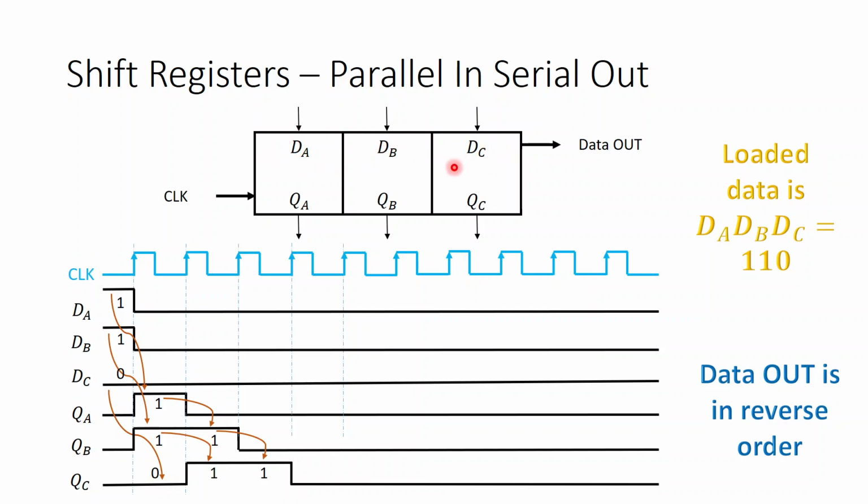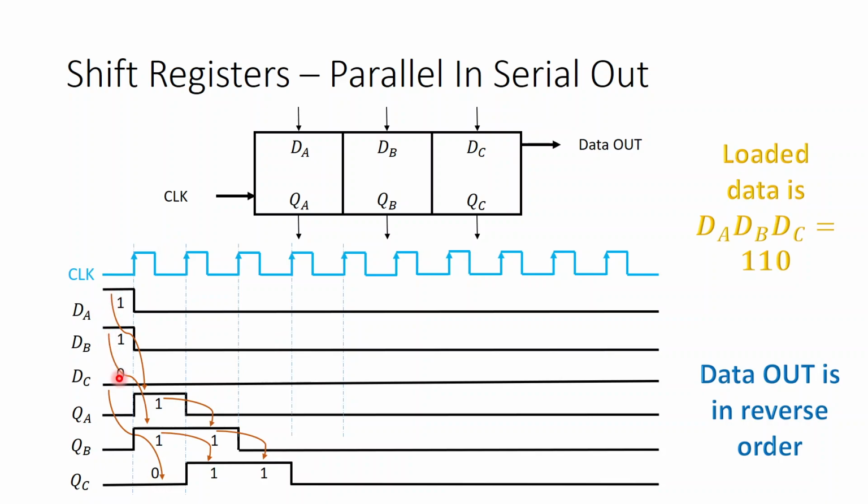So the data word, whatever be the length of the data word, we must have those many number of flip-flops in the shift register. That is one constant here. As long as the data word, those many flip-flops must be in the shift register. Now consider that the loaded data is 110. Consider this for the example in order to understand the operation.